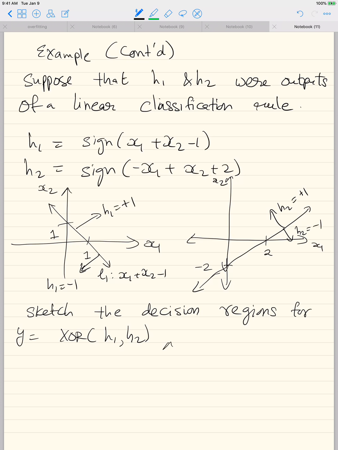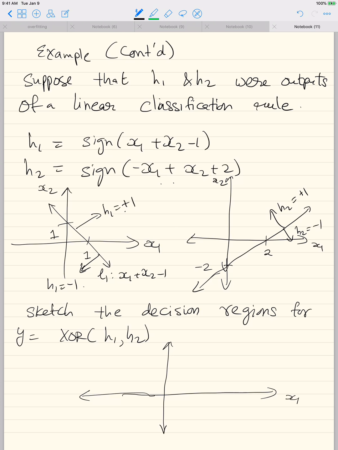They were generated by applying a linear classification rule to an input vector x. Applying the first boundary, we get the value of h1. If we apply the second decision rule, we get h2. Now if we apply an XOR function to h1 and h2, what will the corresponding decision regions in the x1, x2 plane look like?